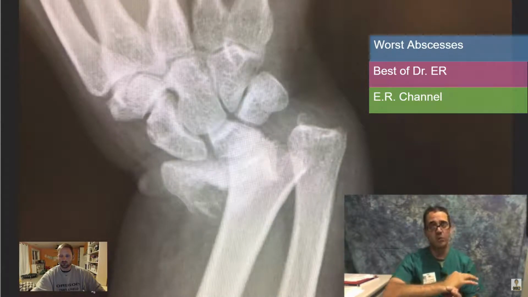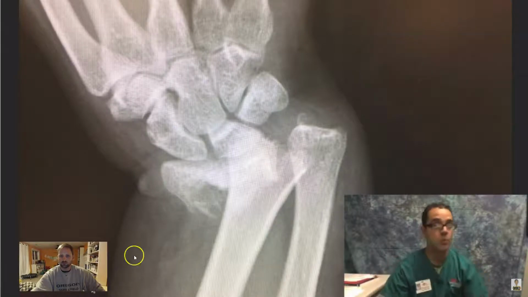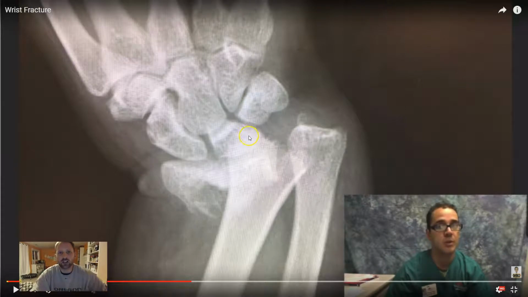This is a video of a wrist fracture. You can see that the ulna is nice and intact. That's the radius. So we're saying ulnar styloid. The styloid processes are the bumps you can feel on the outside of your wrist, the radial styloid and the ulnar styloid. Those are really common injury sites.